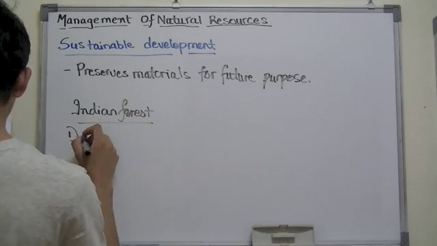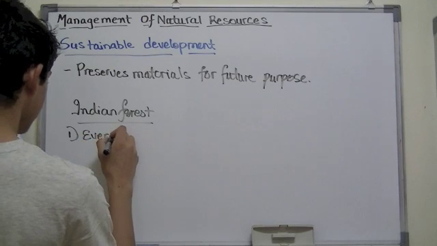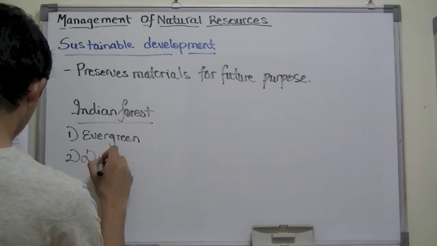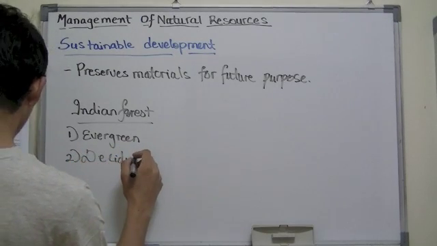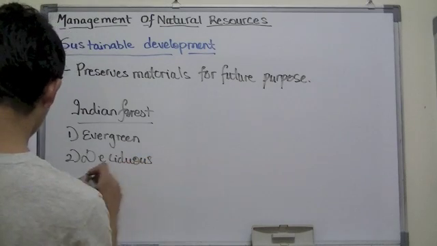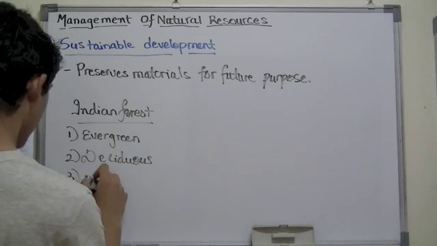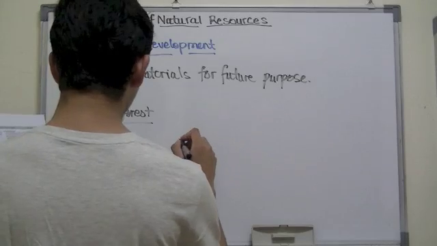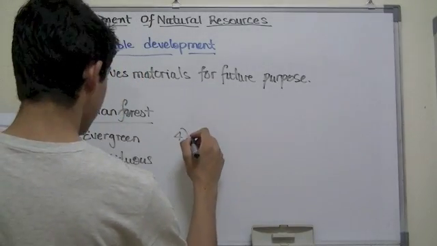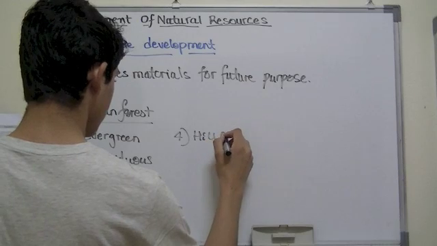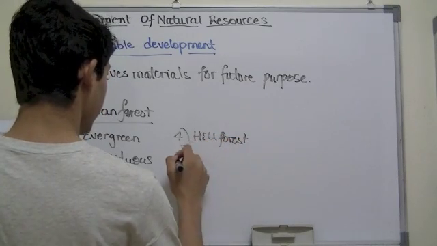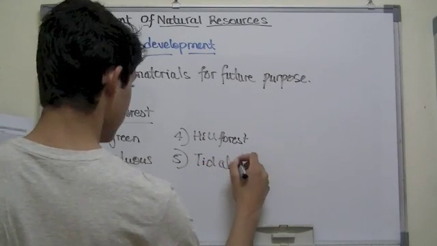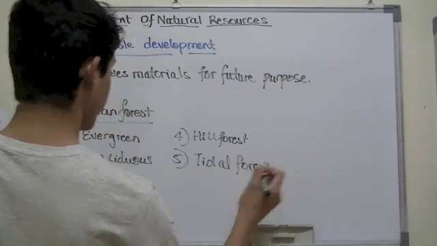It can be divided into 5 types: first, evergreen forest; second, deciduous forest; third, dry forest; fourth, hill forest; fifth, tidal forest.